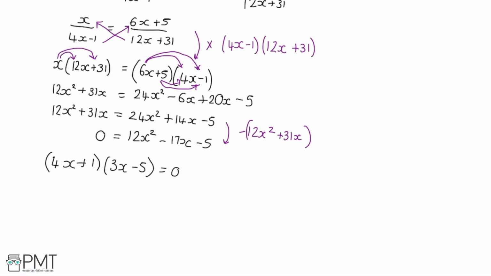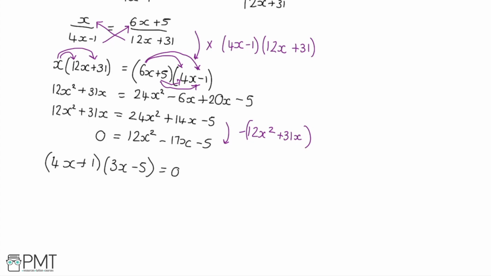So the way that I'd do that is by looking at factors of 5 here, well, minus 5. So we either have 1 and minus 5 or minus 5 and 1, because there are no other factors of 5. And then we also need something that multiplies to get 12, being with the x terms. So 4 times 3 gives us this 12x squared that we have here. So then you can just try a few different methods and see what will work, and this is the factorization that we come to at the end.